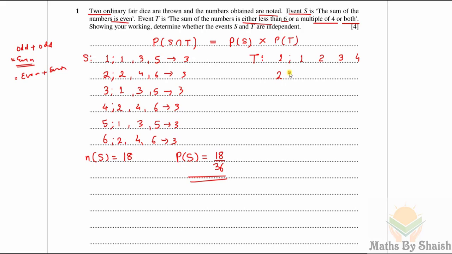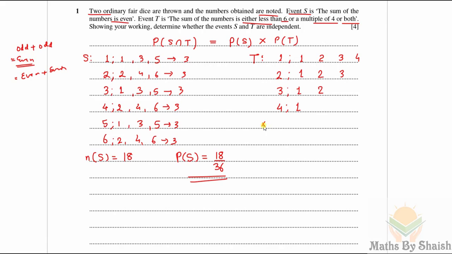If it is 2, then it can be 2 plus 1, 2 plus 2, 2 plus 3, but 2 plus 4 will be 6, which is not possible here. For 3, we have 3 plus 1, 3 plus 2; 3 plus 3 is 6, so again we will not take that. For 4 it is 4 plus 1, and 4 plus 2 would be more than 5, so we will not take that, as it should be less than 6. So this is the first possibility.